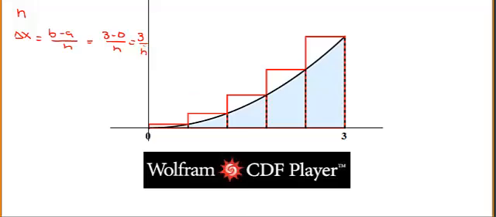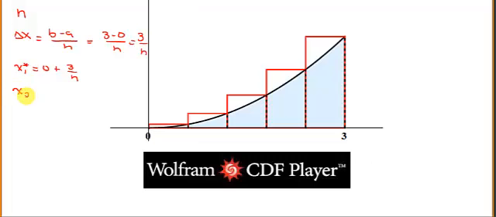All right, the place that I'm choosing is the right endpoint of each of these. So x sub 1 star is going to be, well, I start at 0 and I'm going to have to add delta x. So 0 plus 3 over n.